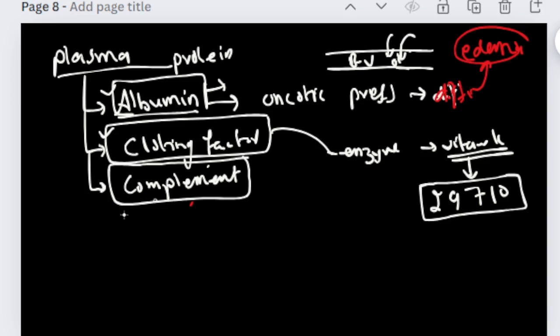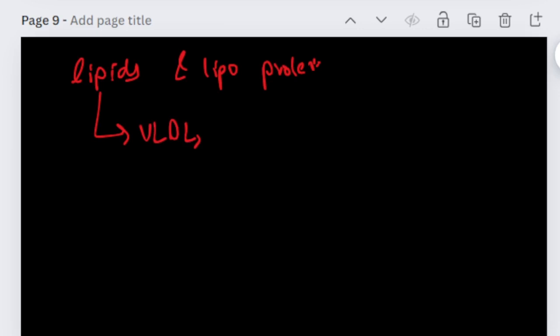So this is so easy. Lipids and lipoprotein production. So actually the production of lipid is the VLDL, LDL, low density lipid.